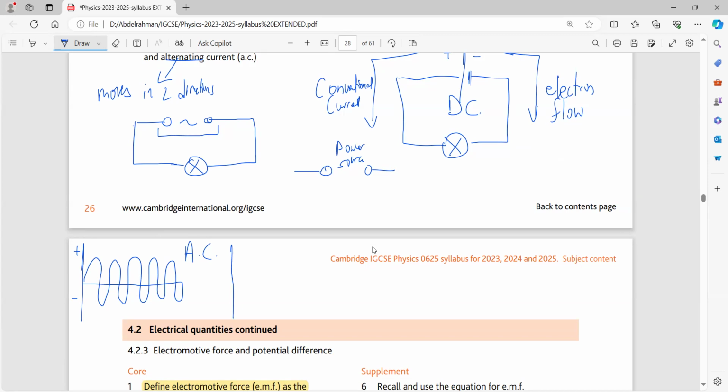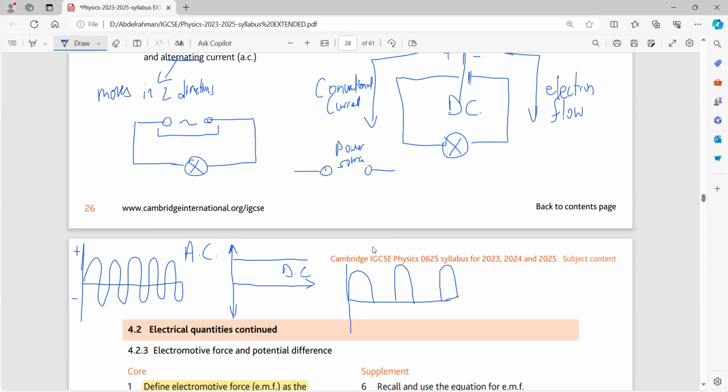What if I had a current moving like this? This would definitely be a direct current. It's only in the positive end. Again, if I had something going like this, is that direct?